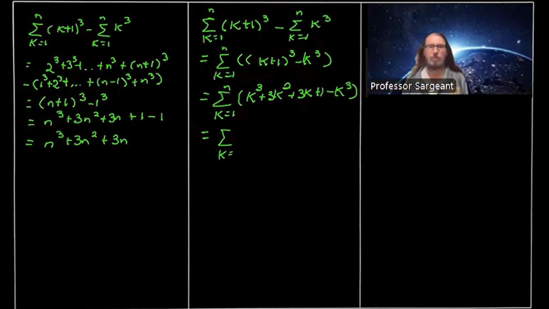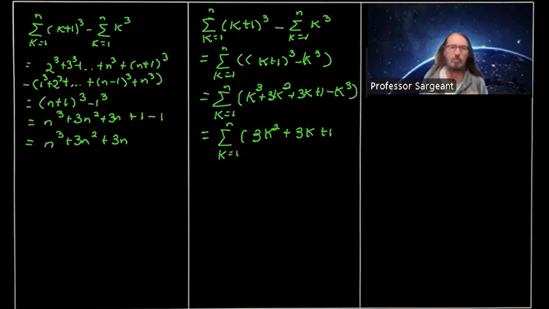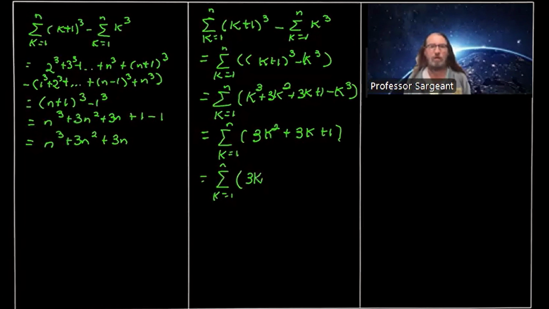Remember, here we're looking for what is the sum of the squares of the first n positive integers. And we're starting to see that now. We have the k cubes canceling out, and we do have involved in that sum a k squared. I'm going to split up that sum of 3 terms into 3 terms of sums.